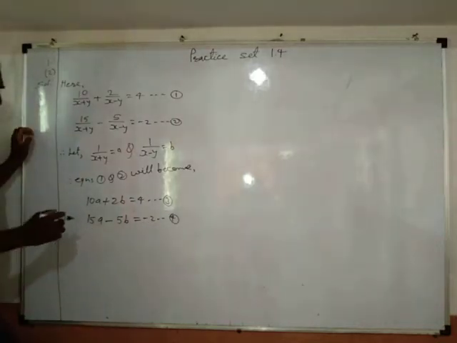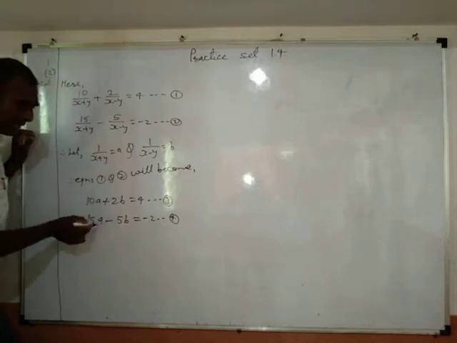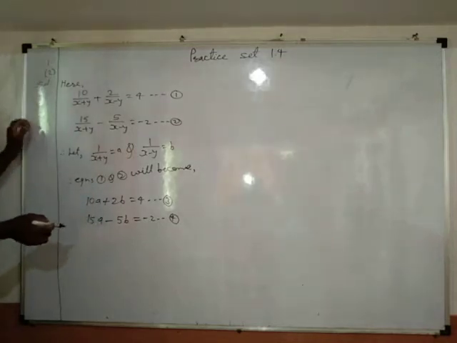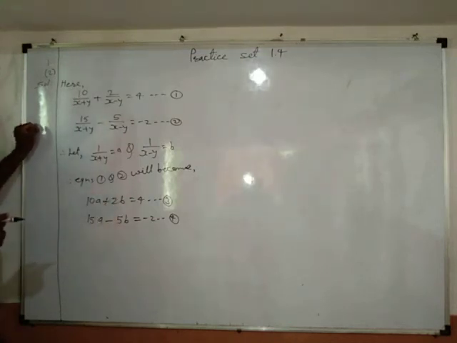Now let's multiply equation 3 by 5 and equation 4 by 2 such that their coefficients of b will be 10 and minus 10, and then by adding those resultant equations we may vanish the terms containing b.